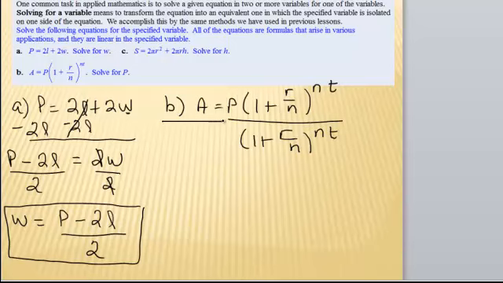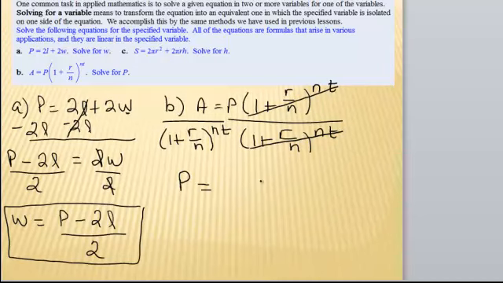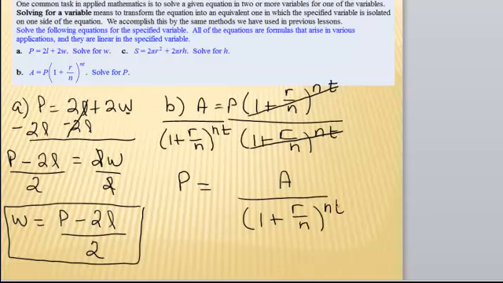Remember, whatever you do to one side, you have to do to the other side. Okay, that makes this entire thing reduce to 1. And we end up with P equals A over 1 plus R over N all to the NT. You have now solved this for P.